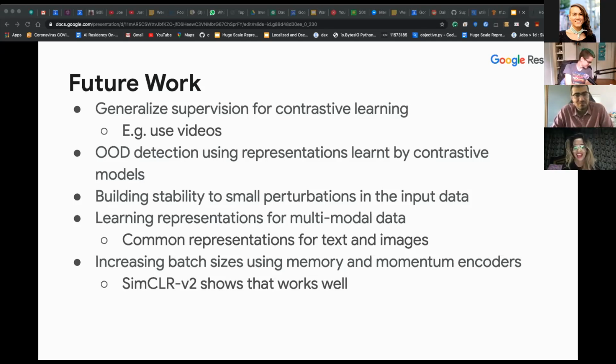Someone in the comments asked, can you apply this to deepfakes? Because they're working on deepfakes and excited about trying this technique. I do think that it's worth a try, but we haven't done it, so I won't say yes because I don't want to be held liable for that.